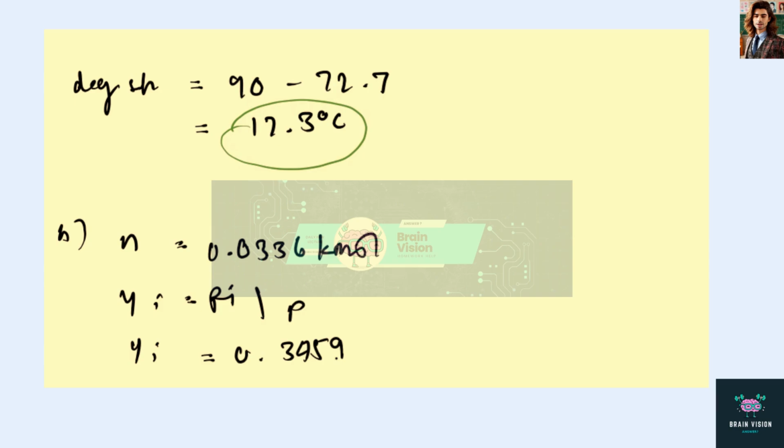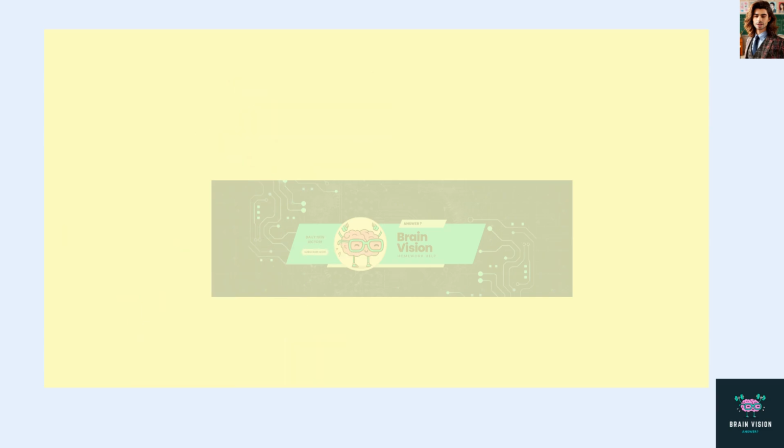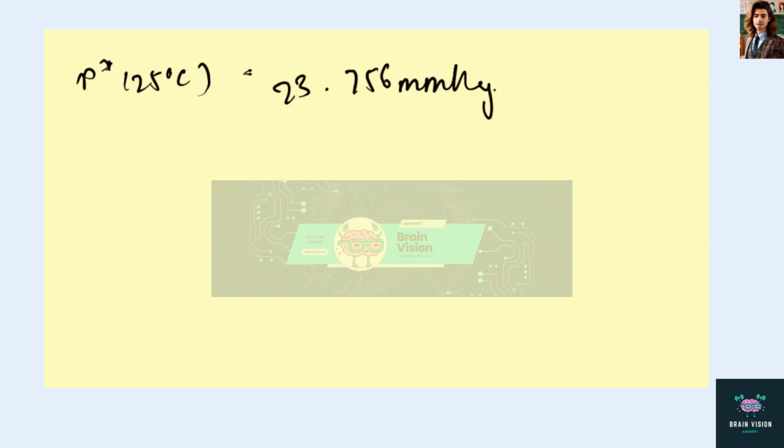So we can take a look at the vapor pressure of water in different tables for 25 degrees C. So P star of water at 25 degrees C, I'll tell you what it is to save you having to search for it, 23.756 millimeters of mercury. So we can calculate the mole fraction of water in saturated air at the final temperature.